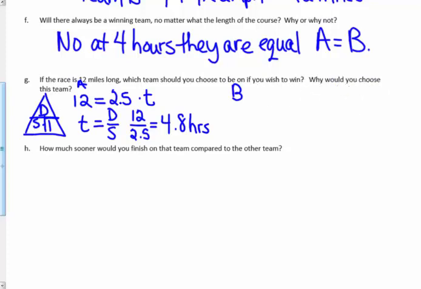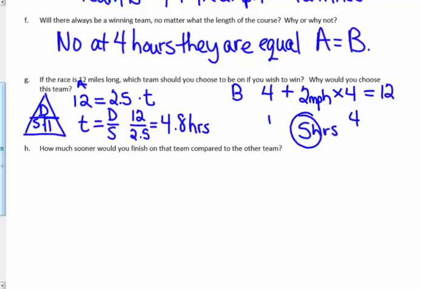I've got to get a total of 12 miles. So to get 12 miles, remember, first hour, so 1 hour is done. They go 4 miles, and then you have to add on 2 miles per hour for every hour that you go. Well, I would have to go 4 more hours, because that's 8. 8 plus 4 is 12. And yes, I did. So this is 4 hours to go this 8 miles plus the 4 miles there gives you the total of 12. 1 hour plus 4 hours. This is 5 hours.